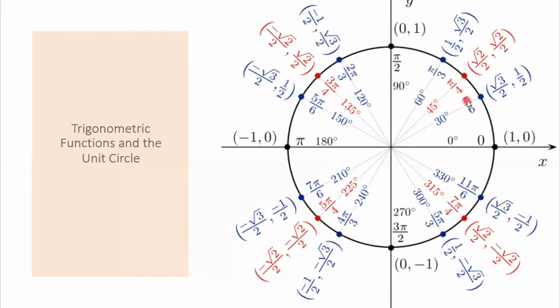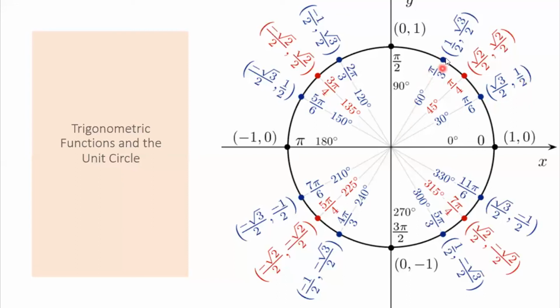So pi over 6 plus pi over 6, you have 2 pi over 6. Now 2 pi over 6 is equal to pi over 3. So that will be the next angle.